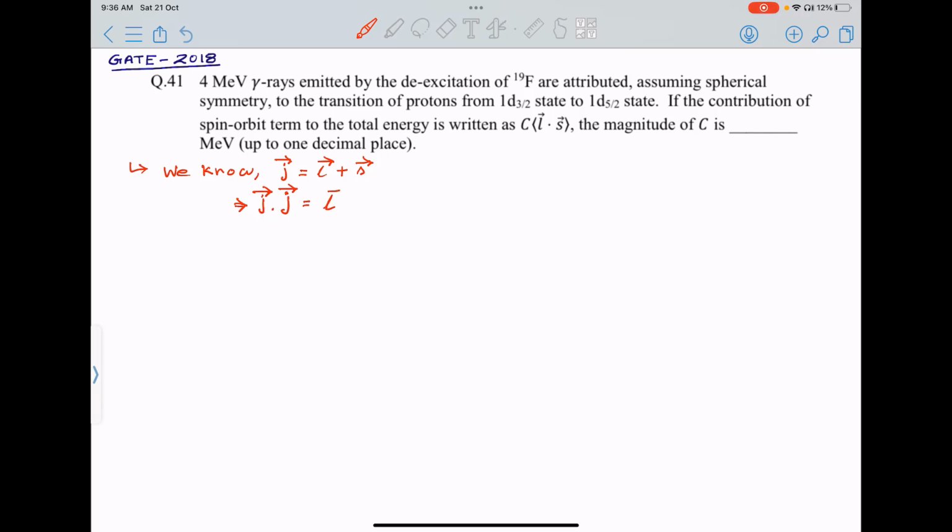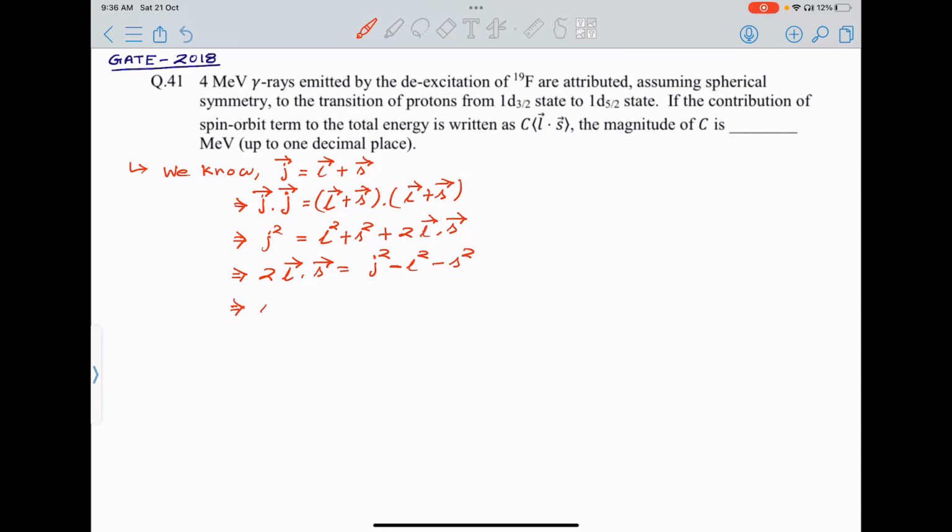So we will get J dot J equals L plus S dot L plus S, which gives J squared equals L squared plus S squared plus twice L dot S. So twice L dot S equals J squared minus L squared minus S squared, and L dot S is half of J squared minus L squared minus S squared.